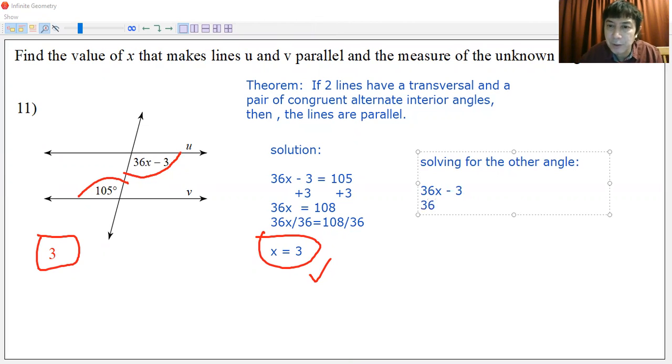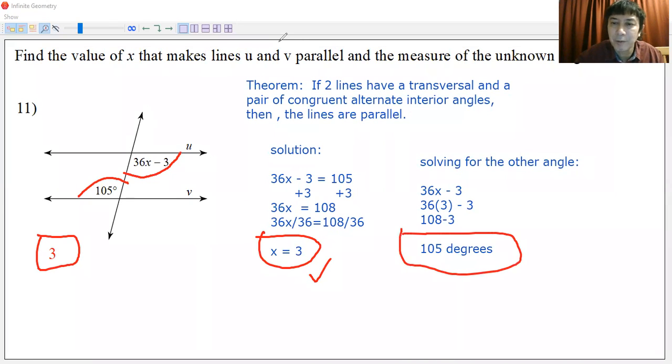That'll be 36 times x, which is now 3, and then deduct the 3. So that's 108 minus 3. That should be 105 degrees. So that's it. It's correct. Should be equal to the given 105.